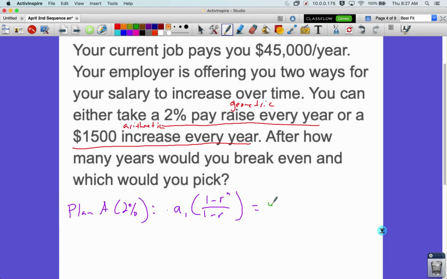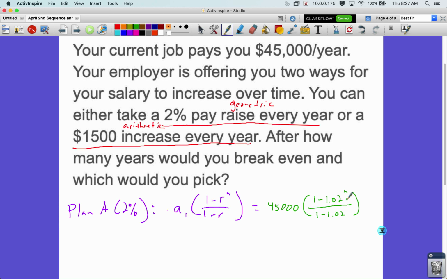Our initial value is 45K. The rate, this is actually kind of tricky. Some people just plug in a 2 there or a 0.02. It needs to be 1.02. And the reason for that is that each year I'm getting 100% of my previous salary, that's what the 1's for, plus an additional 2%.